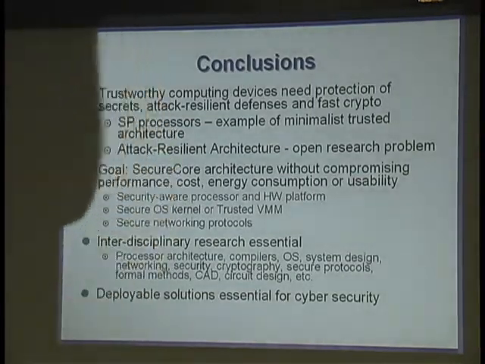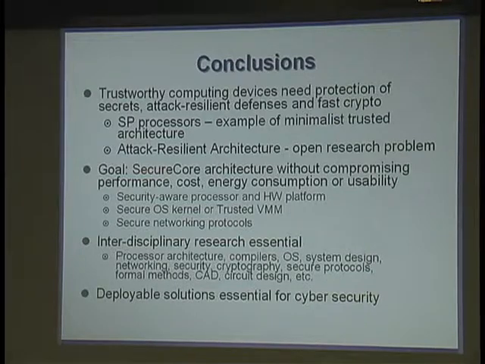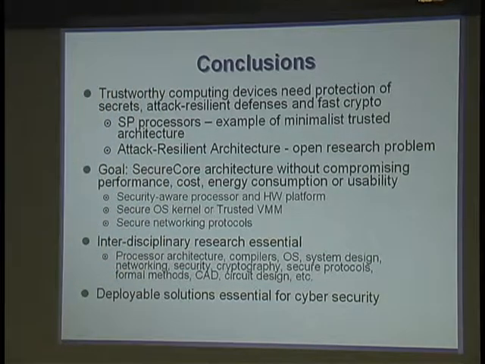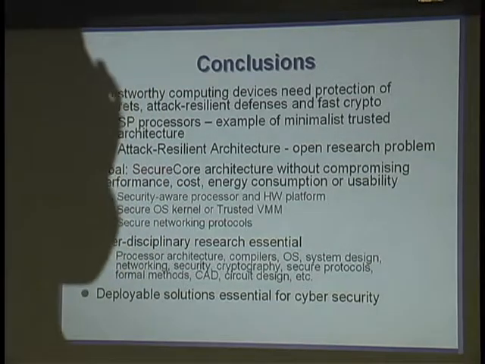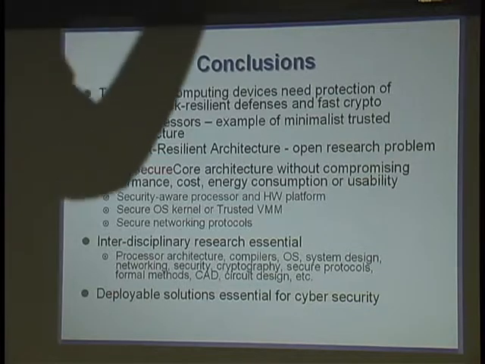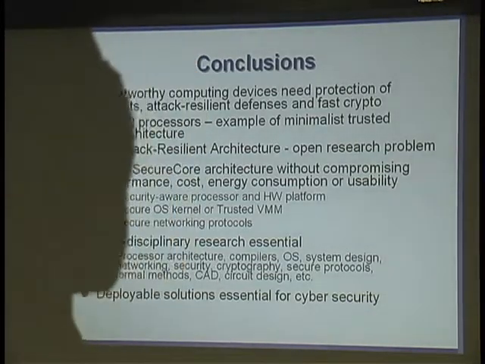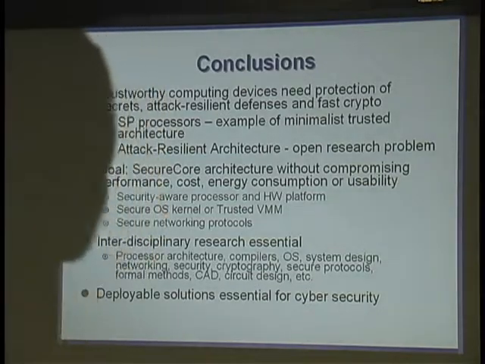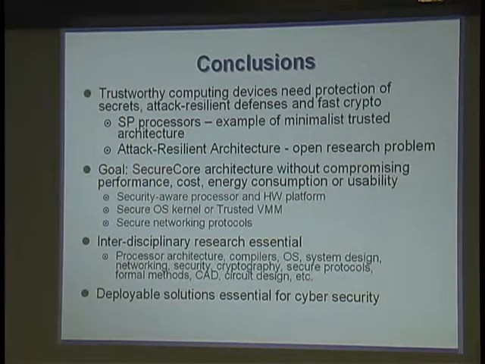Now, on a broader perspective, the conclusion is that trustworthy computing devices need protection of secrets in order to protect all the user's other sensitive information. SP processors is an example of a minimalist type of trusted architecture.